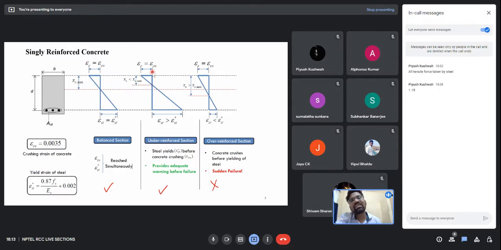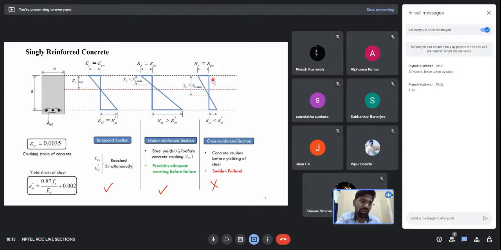Or else we can say, for the crushing strain value of concrete, the strain present in the steel is more than the yielding value. So this is the under reinforced section. What does it mean? The failure in the steel will occur prior to the failure in concrete.